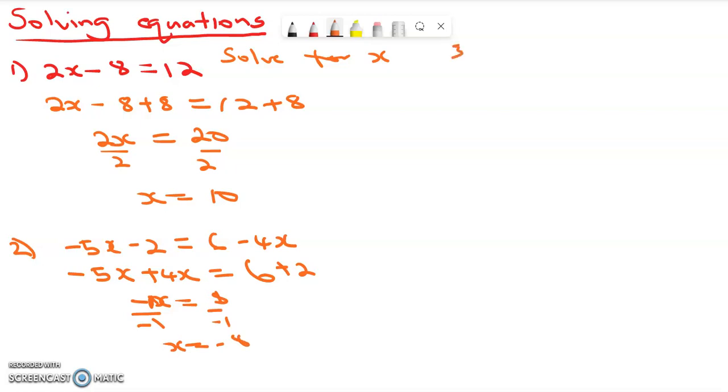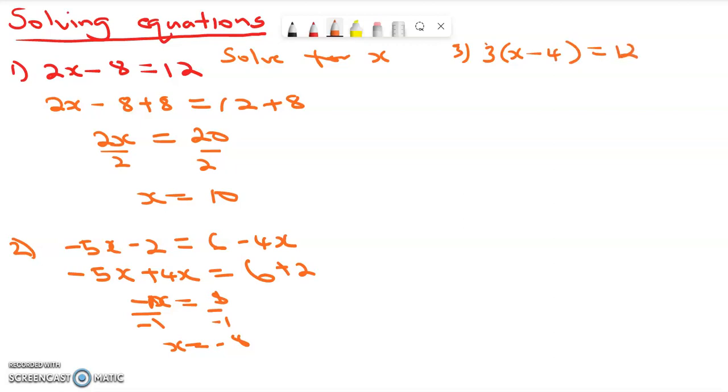Third example, let us take the equation with the bracket. Alright, let us do equation with the bracket. It's 3 into x minus 4 equals to 12.